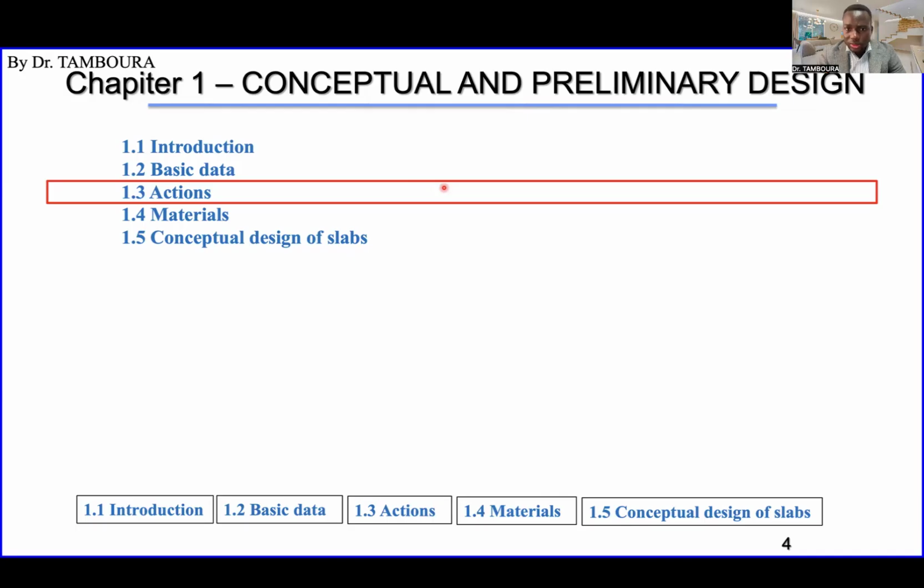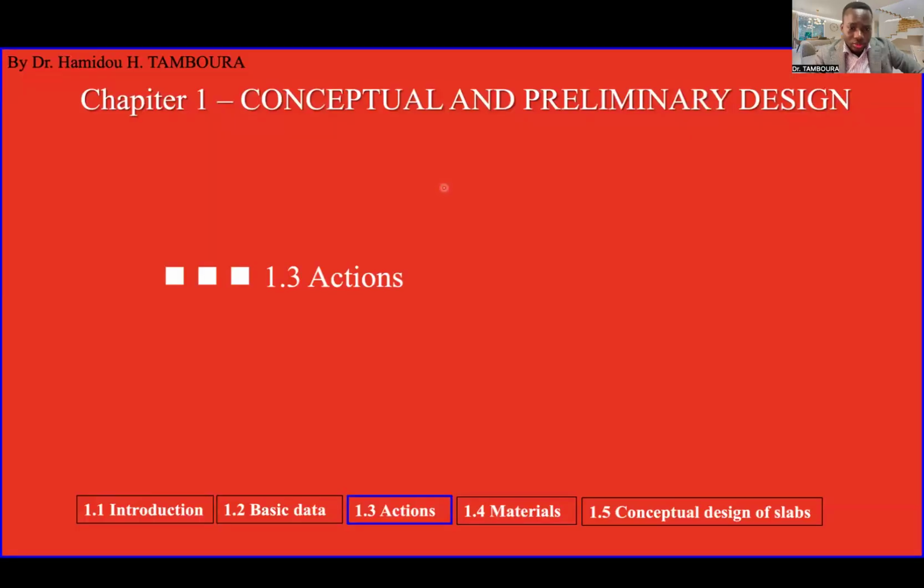And the horizontal, in this case, will be mainly from the wind, okay? We will try to evaluate the action of the wind on the building. So this will be like the middle of this chapter, actions.